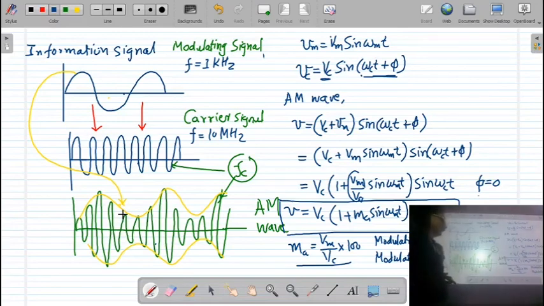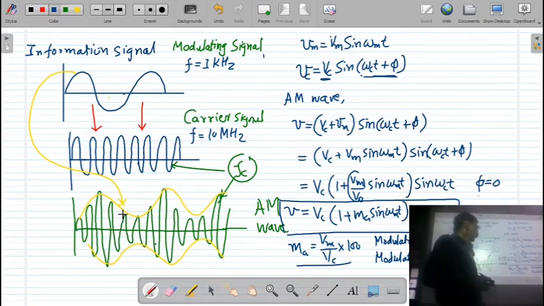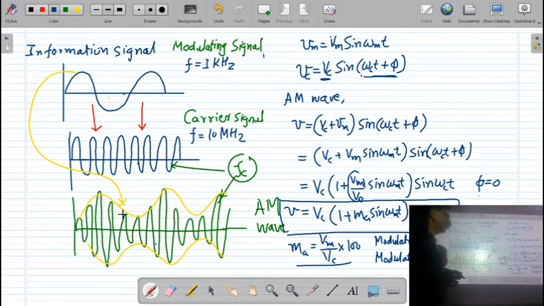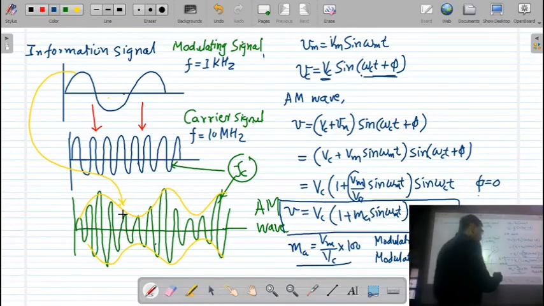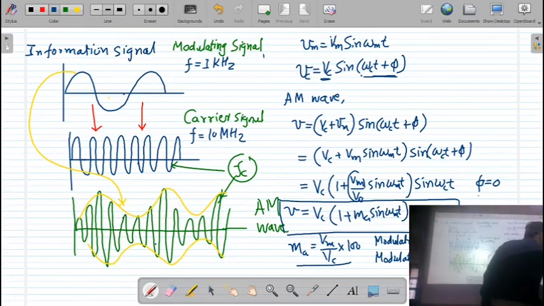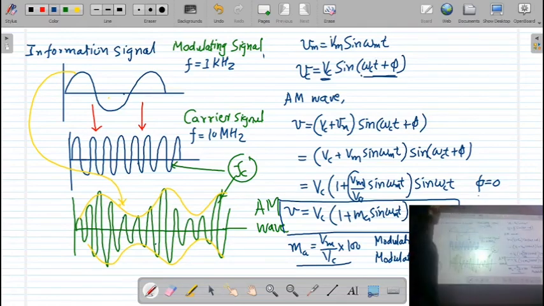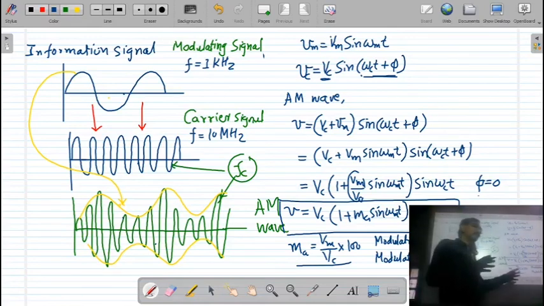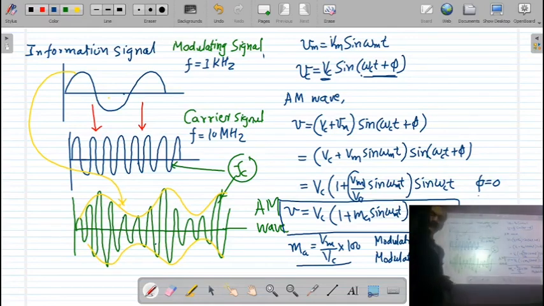Practically, the modulation index must be greater than 90%. Remember, whenever the signal is transmitted through a transmitter, the modulation index must be greater than 90%, meaning more and more information is carried by your carrier wave.